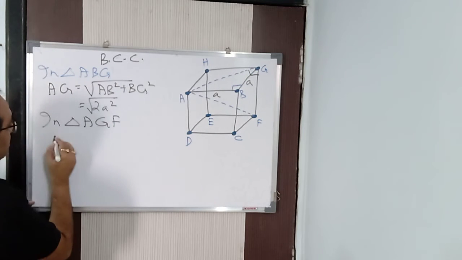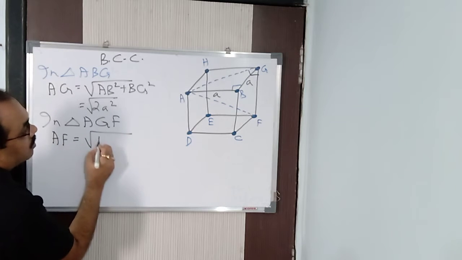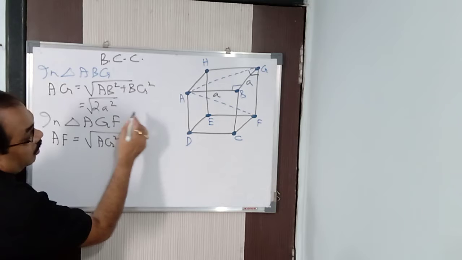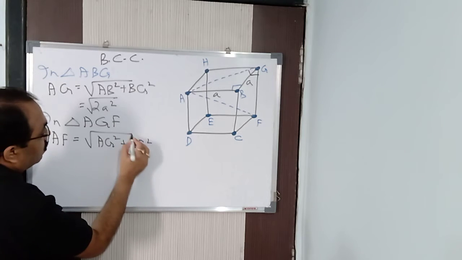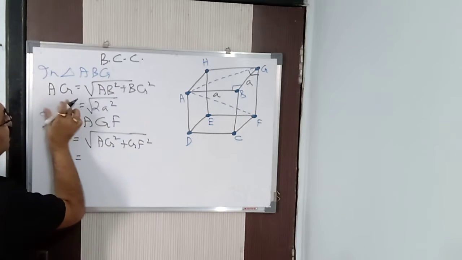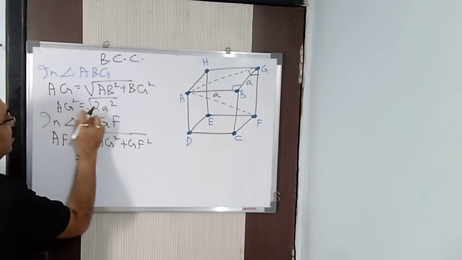So what we find is that AF is equal to root over AG square plus GF square. So AG square, what will it be?